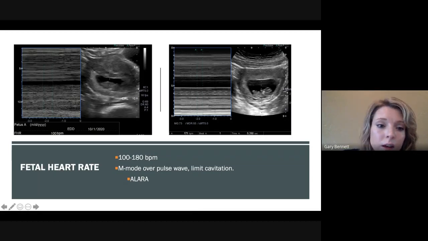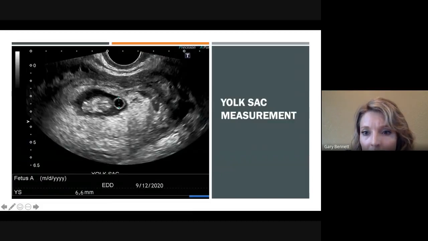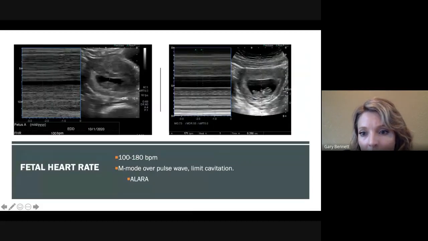So this is M mode here. You can see my machine here was set on 1 round of heart rate. Sometimes they'll be set on 3. So you can see, this black here represents this area here. So this is gestational sac, gestational sac. You can see the color changing. It gets a little bit more echogenic here.